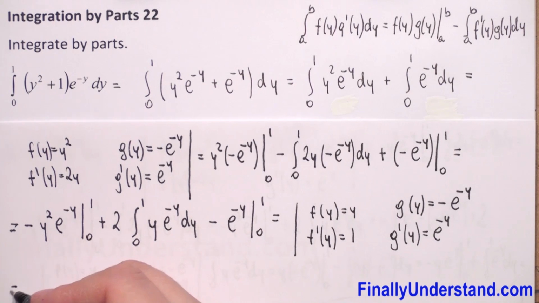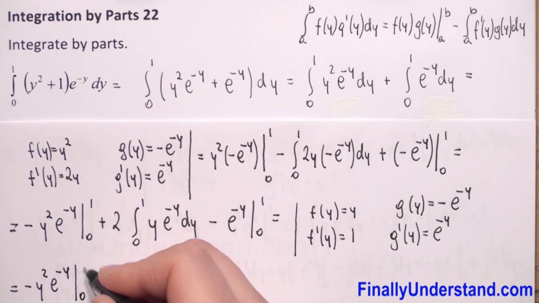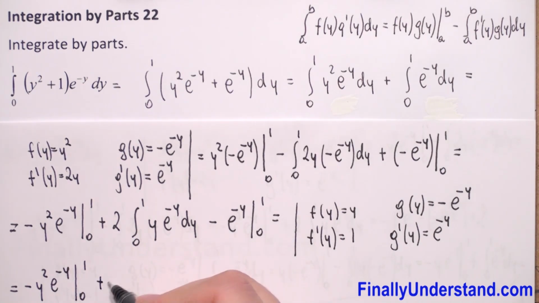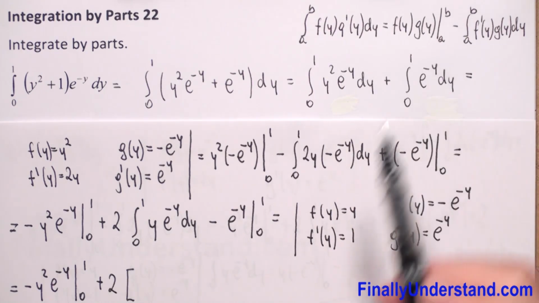So we have to copy everything. At the beginning we have negative y squared e to the power negative y, limits from 0 to 1, plus 2, and now we will open brackets and we have to use this formula.